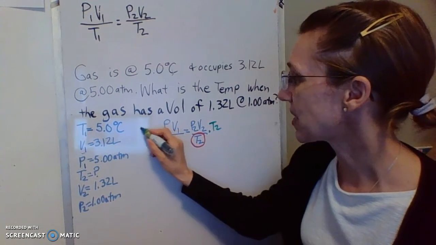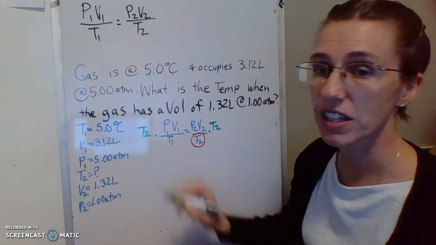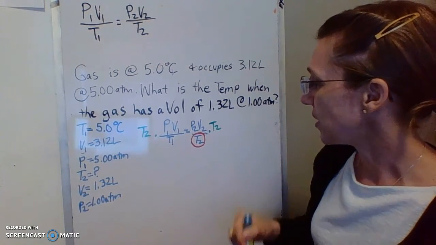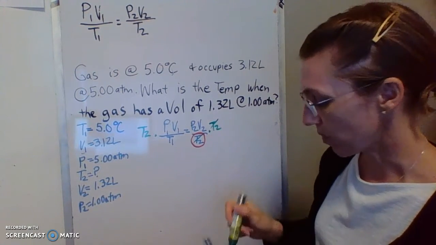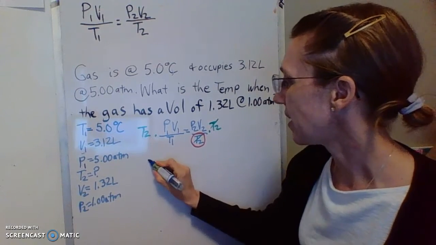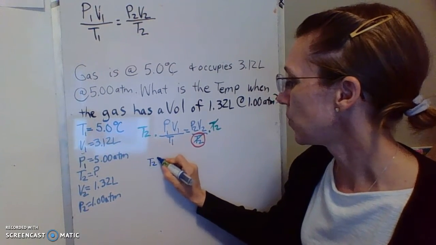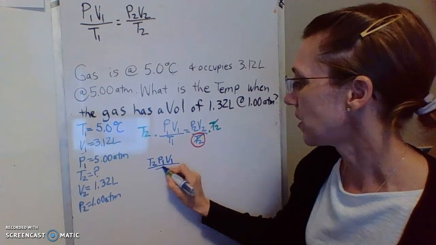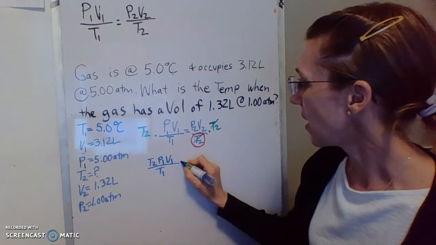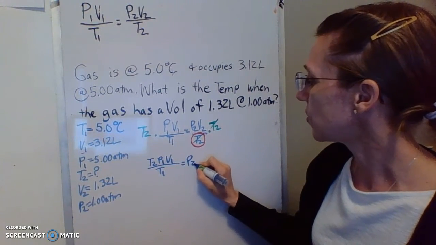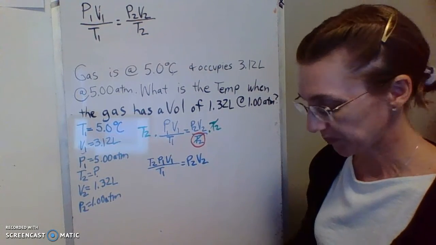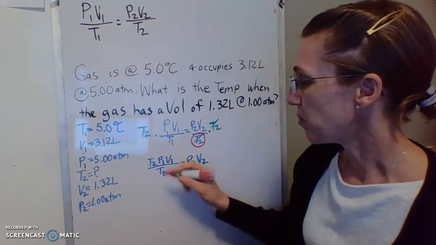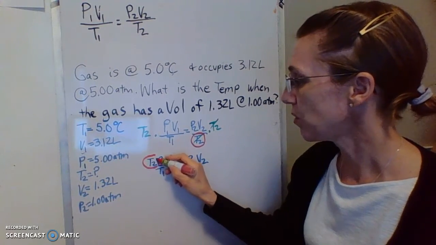If we do something to one side, we have to do the same thing to the other side. The T2 on the bottom cancels out the T2 on the top. And we end up with T2 P1 V1 over T1 equaling P2 V2. Now we're still looking for that T2, but now it's in the numerator.